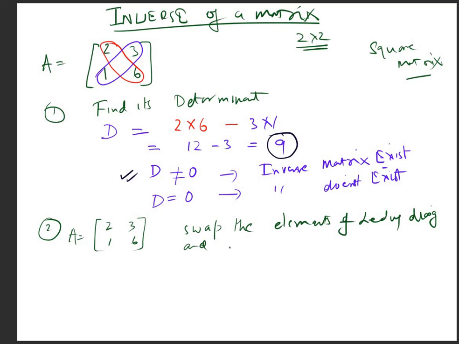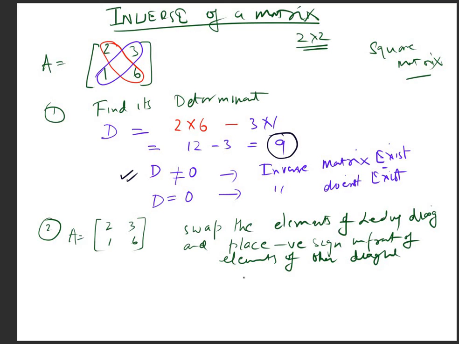And I place a negative sign in front of the elements of the other diagonal. Let's form that new matrix, the transformed matrix.